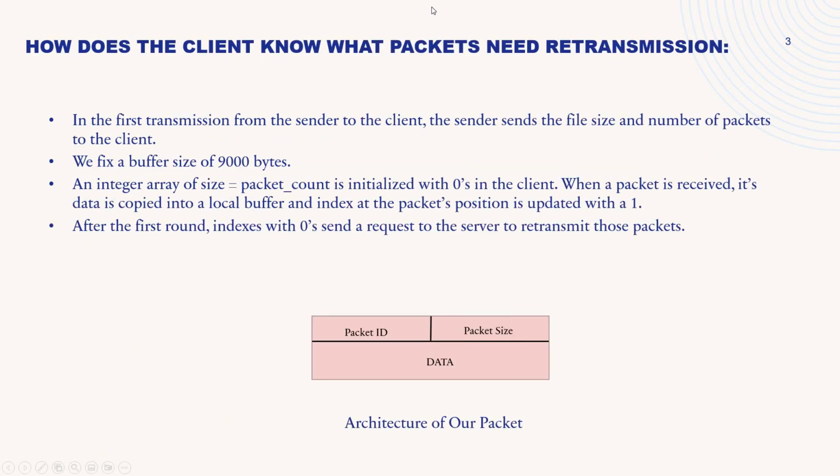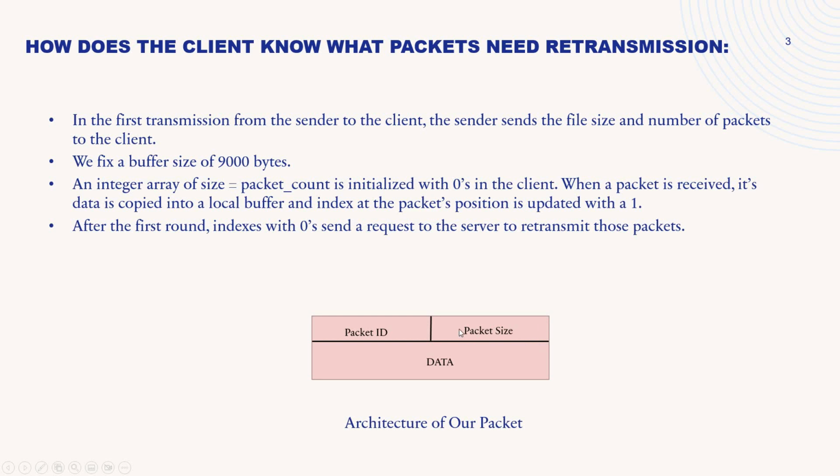Okay. Before that, let's take a clear look at our packet and how we've designed it, so we can understand how it's done. We have the data, and we also attach the packet ID and packet size to the header. The packet size is generally 9,000 bytes.